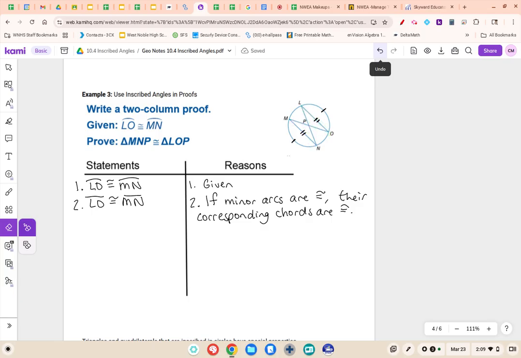Next, we're going to look at something else. We're going to look at angle N and intercepts arc ML, and same step, angle O intercepts that same arc. So this is kind of what we were just looking at. We're going to eventually get to the fact that those are congruent to each other.